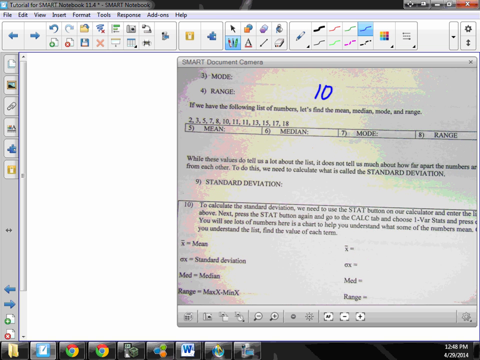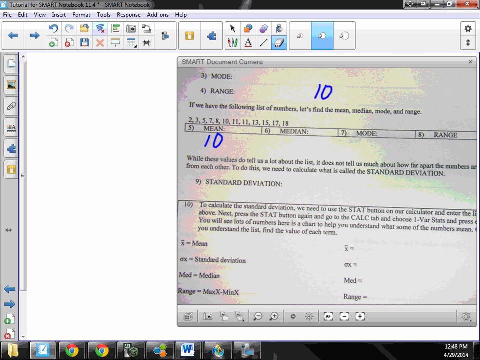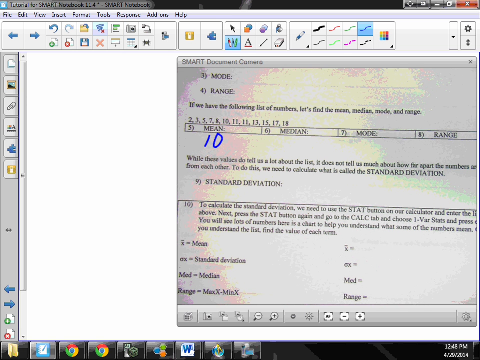So 10 is the, sorry, did I say mode? I meant mean. The mean is 10. So if I look at these numbers, then I could do the number minus the mean, or the other way around. Let's do it the other way.